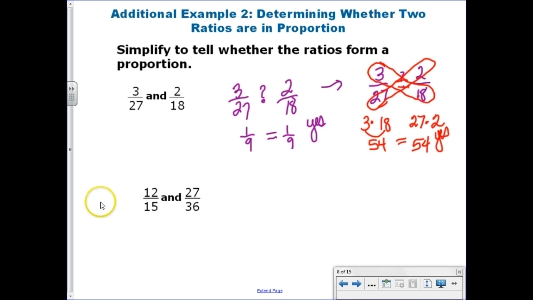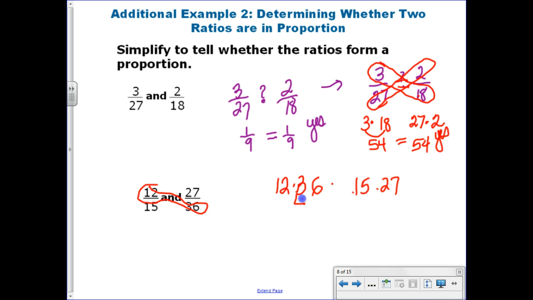If I look at this one particularly down here, I could check it this way and say 12 times 36. Grab your calculator and check that one. And 15 and 27 is the other cross product, 15 times 27. When you take these two values and check them, here's what happens. 12 times 36, as I'm checking on mine, I get 432 on this side.